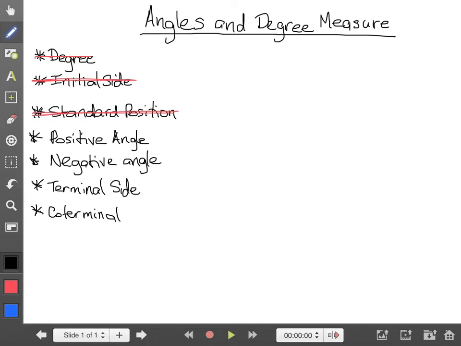So we have our coordinate plane here, and we have an angle with initial side here in standard position. And let's say we go this way up to 90 degrees and it stops there. Well, that is a 90-degree angle.